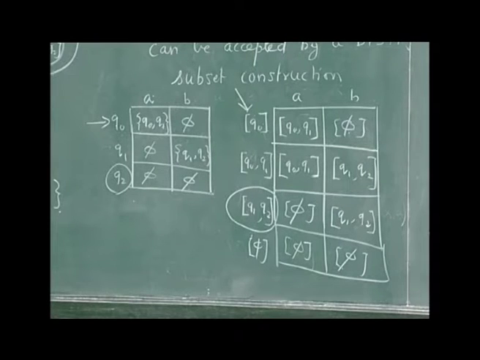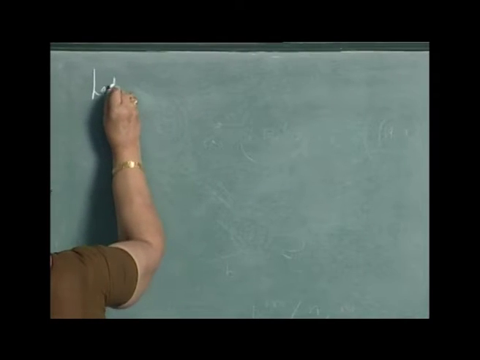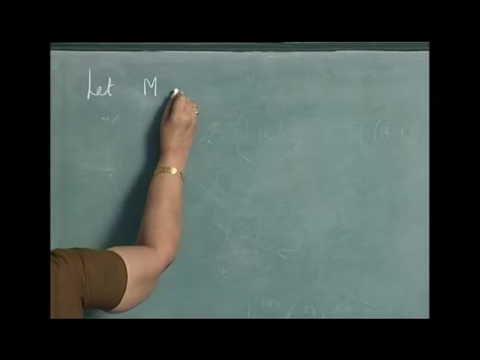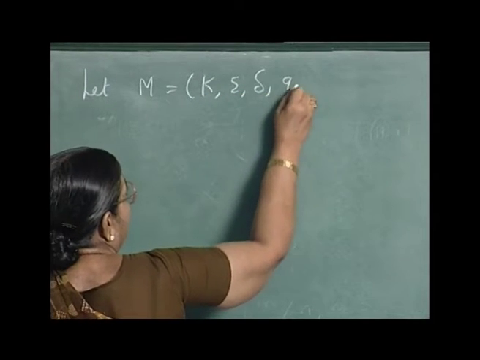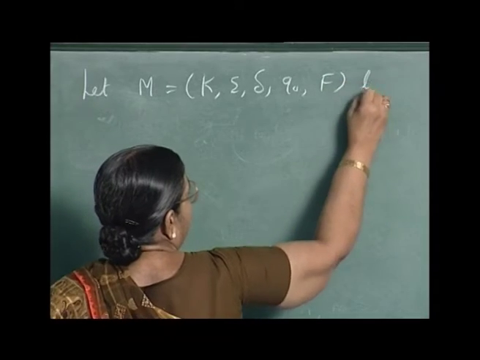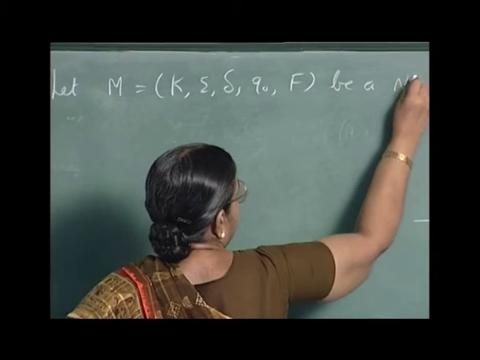Now, the proof also is like this. Let M equal to K, sigma, delta, Q naught, F be an NFSA.